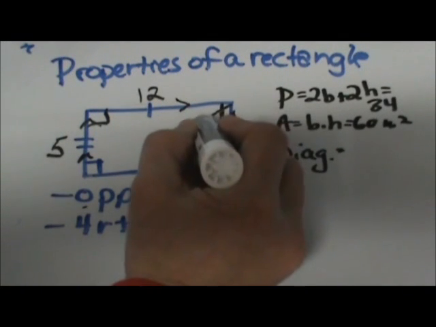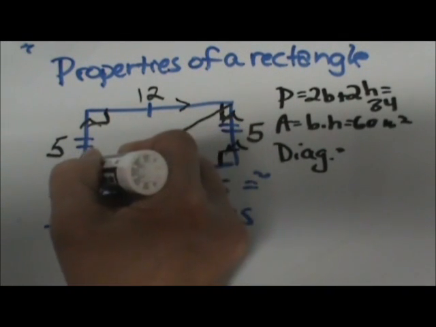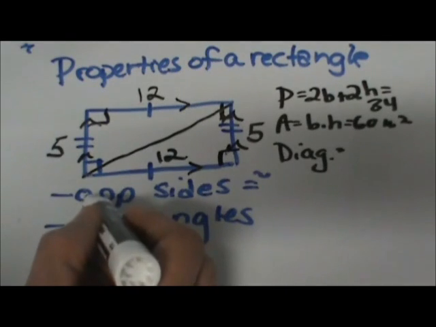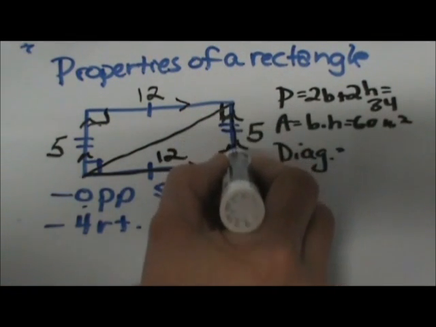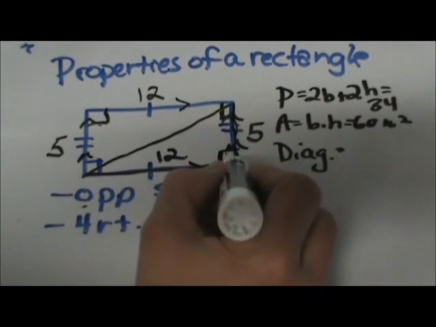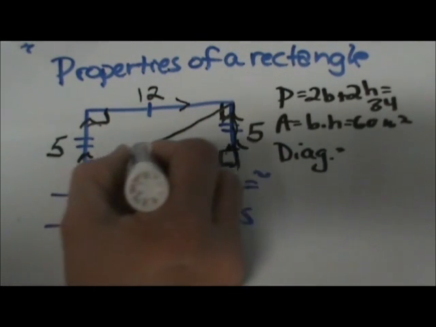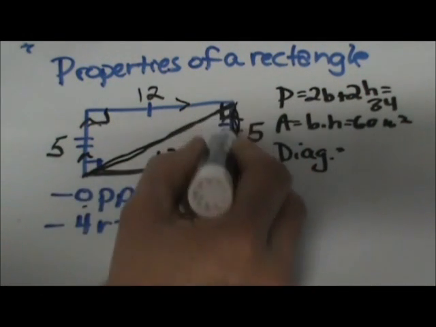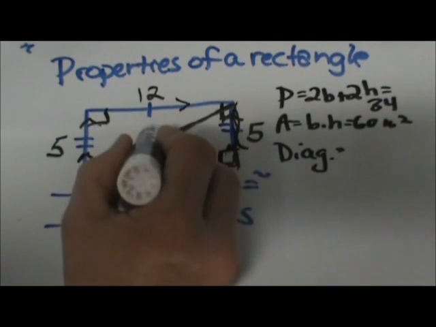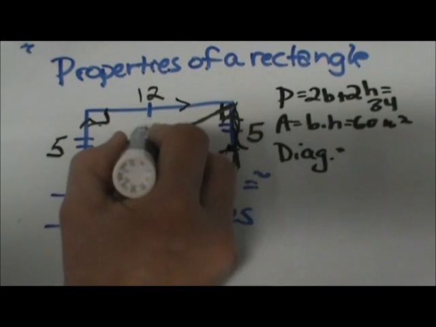And now let's look for a diagonal. Okay, the diagonal of a rectangle. Well, a diagonal of a rectangle is actually the hypotenuse of a right triangle. So if we have one side that's 5, one side that's 12, and then we isolate this triangle I'm drawing in black, you can see we have a right triangle where we don't know the hypotenuse, so we don't know c.